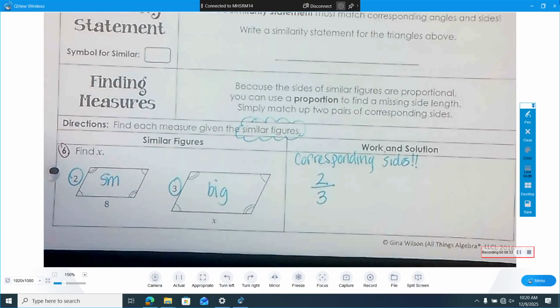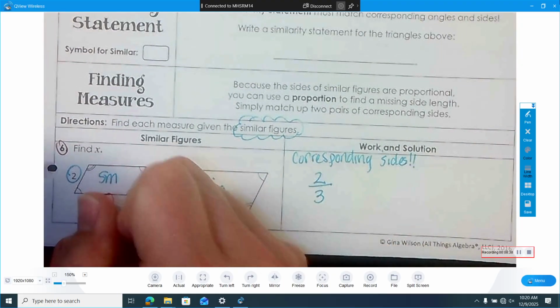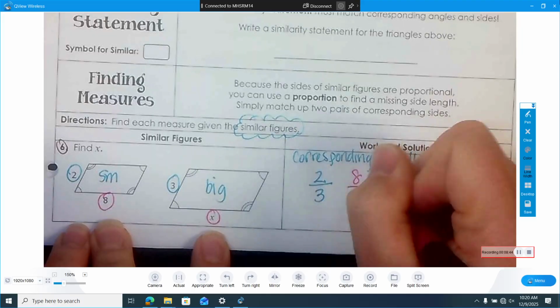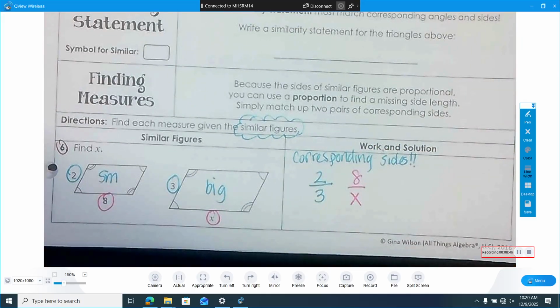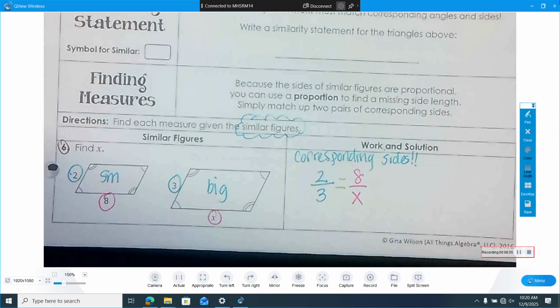And that has to be the same as, again, I'm going to start with my small figure here. What does 8 correspond with? X. So I can create a little ratio, 8/X. This, ladies and gentlemen, is a proportion that we can solve. All we have to do is set up a nice little organized proportion.